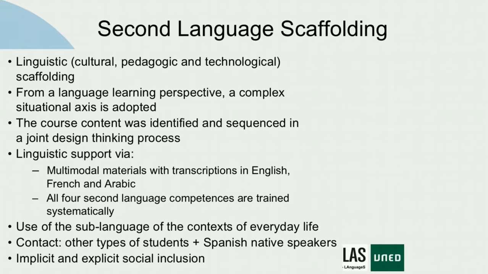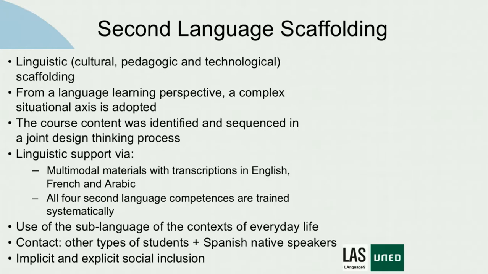And because we didn't want those videos to be just in Spanish, in the case of people with really zero Spanish, they are not only transcribed into this language, but also into English, French, and Arabic, because they were found to be the 3 most spoken languages among the refugees, common languages.